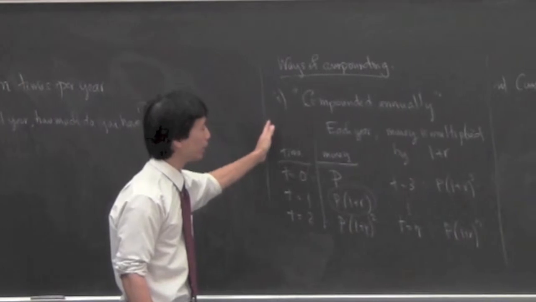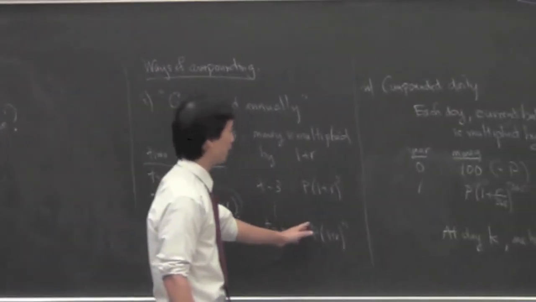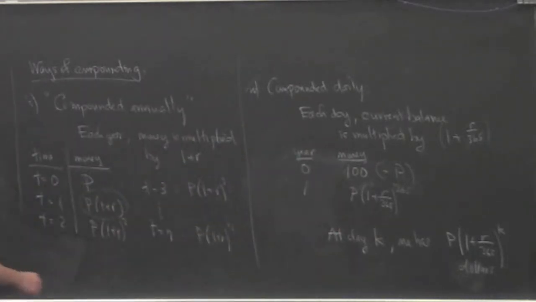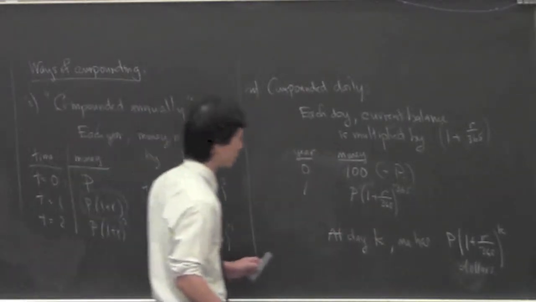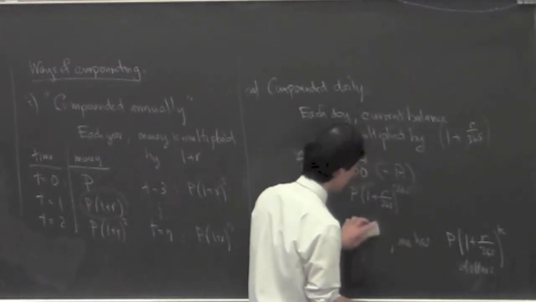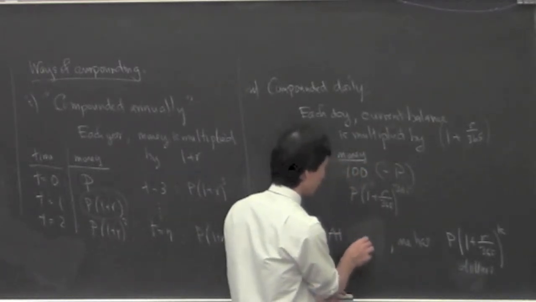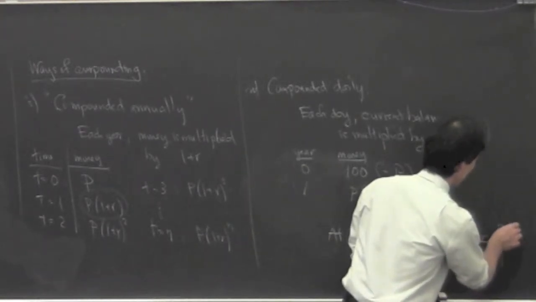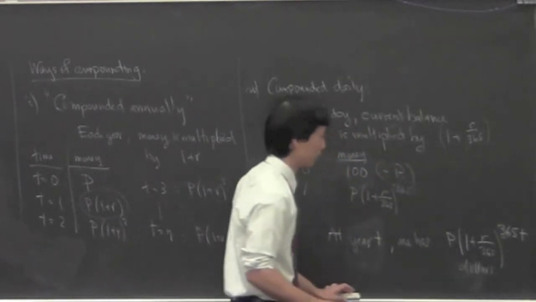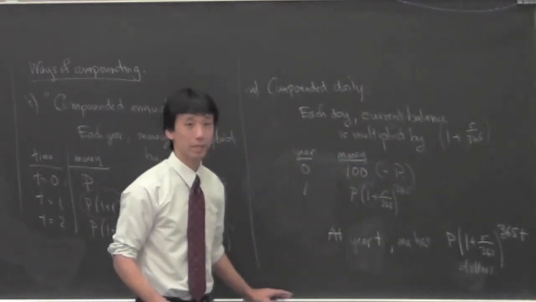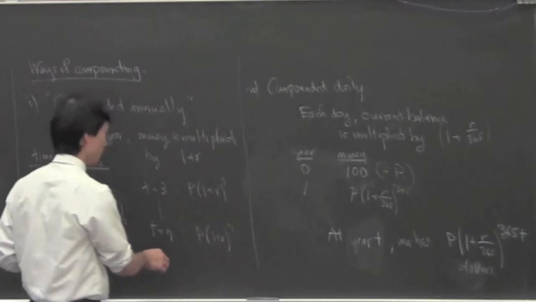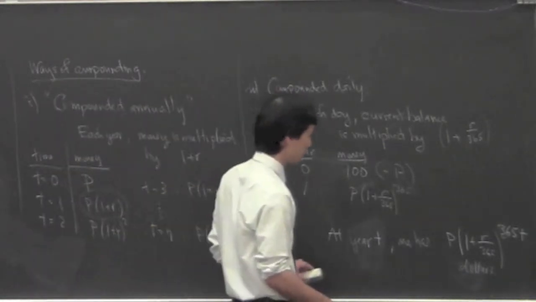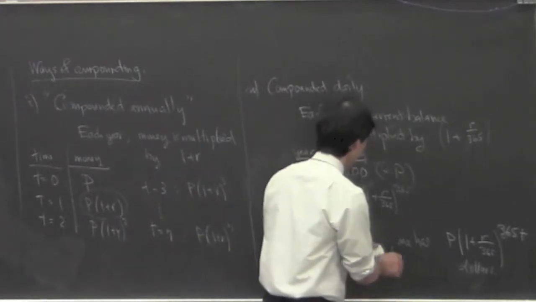If you did it 1 time per year, you have this sort of formula, right? Maybe I should write it like this. Let me change this one so that it's in years. At year t, one has that many dollars. So that we have analogous formulas.